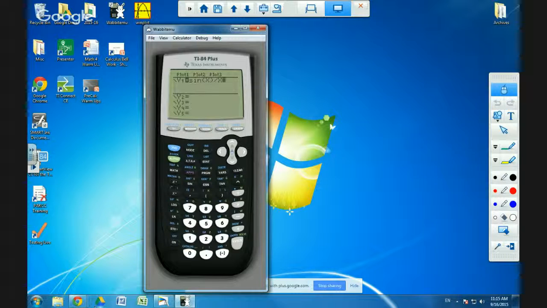We're going to use our tables to do this for us. We don't have to type a whole bunch of stuff. Table set, so it's second window. Our table start is 0. That's our limit, right? Now we want to go to our change in table. 0.001 was one of our intervals, right?